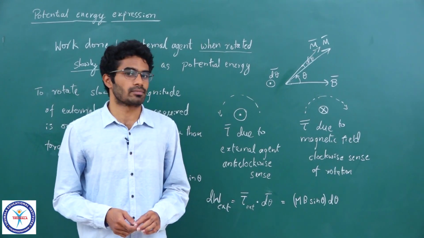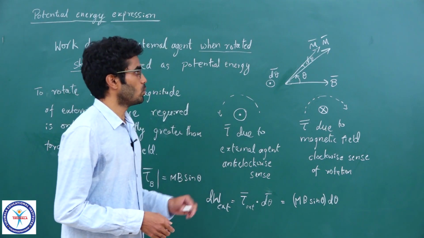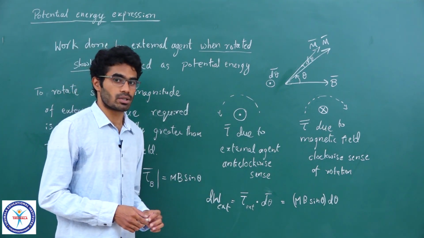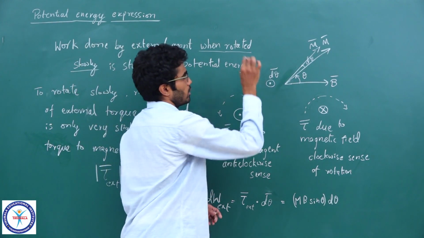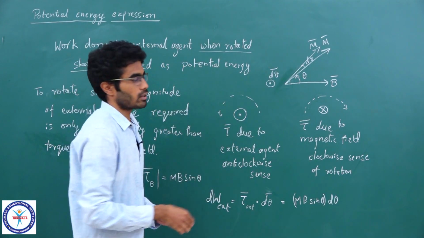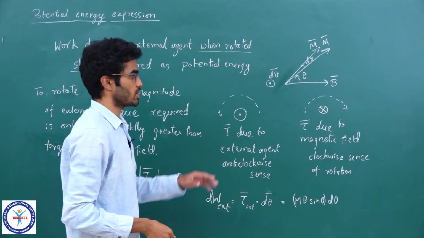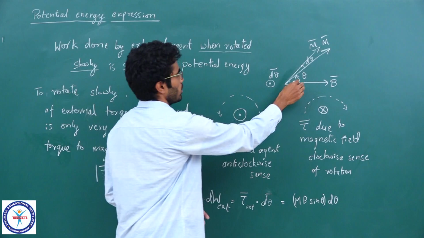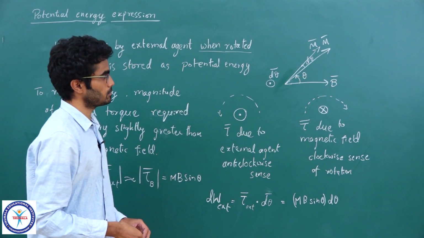So, let us see how torque acts on this coil and how potential energy is developed in this situation. In this situation, the magnetic moment vector is pointing like this and the B is pointed towards right, the same scenario, and they are making an angle theta with respect to each other. The angle between them is theta.